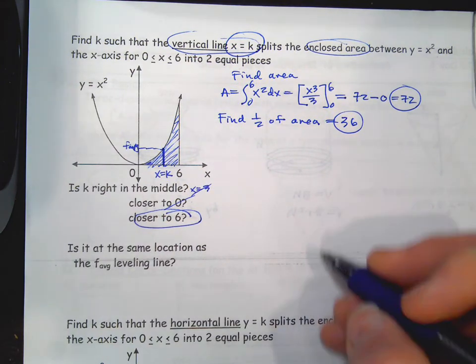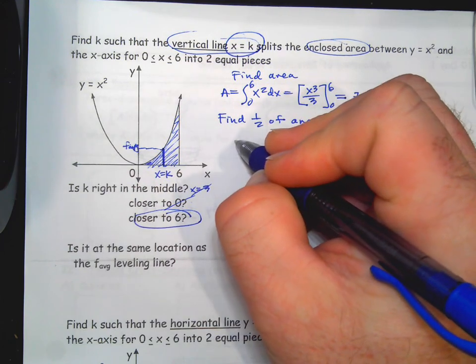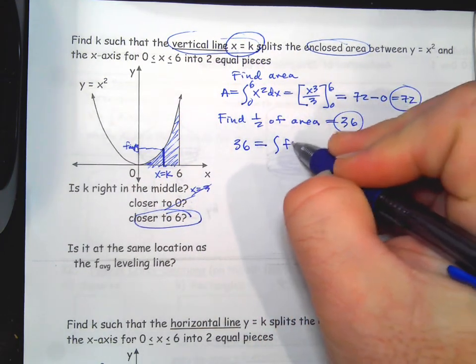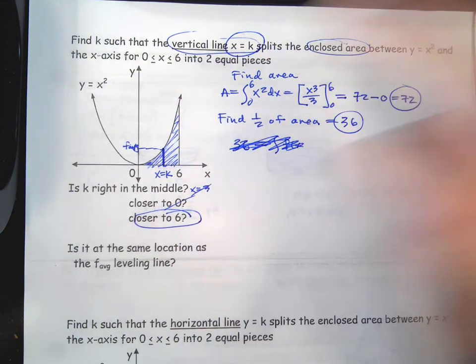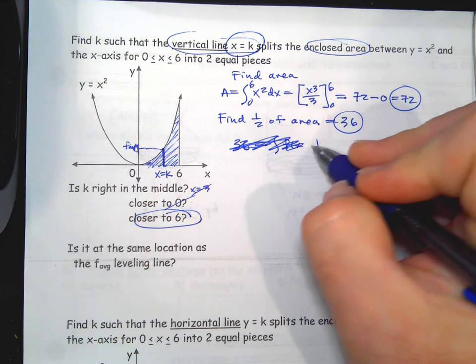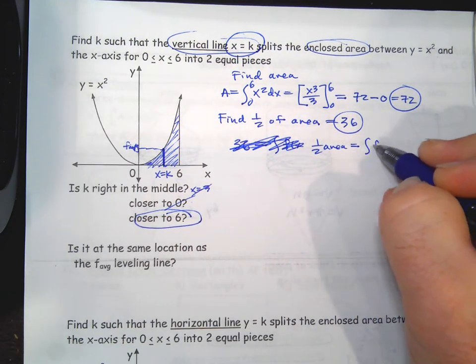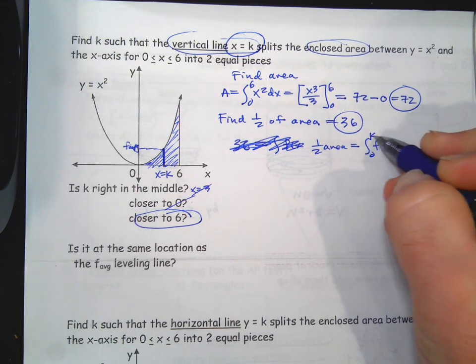Now, here's the tricky thing. What we're going to do is take half the area and set it equal to the integral of the function. And I guess I could write this more as a strategy. We're going to say half the area equals the integral of the function from, say, 0 to k.